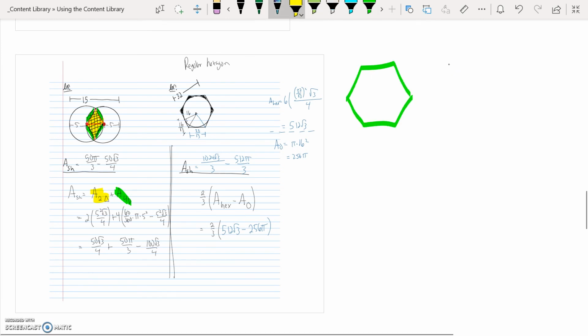So if I were to draw in diagonal, diagonal, diagonal, all 6 of those triangles are going to be regular triangles, so I could find the area of one of them, multiply it by 6, and we have the entire thing. That's what I did up here to find the area of the hexagon. The area of the circle is just pi times the radius squared, so we're subtracting them times 2/3, and here's a nice exact answer for that one.